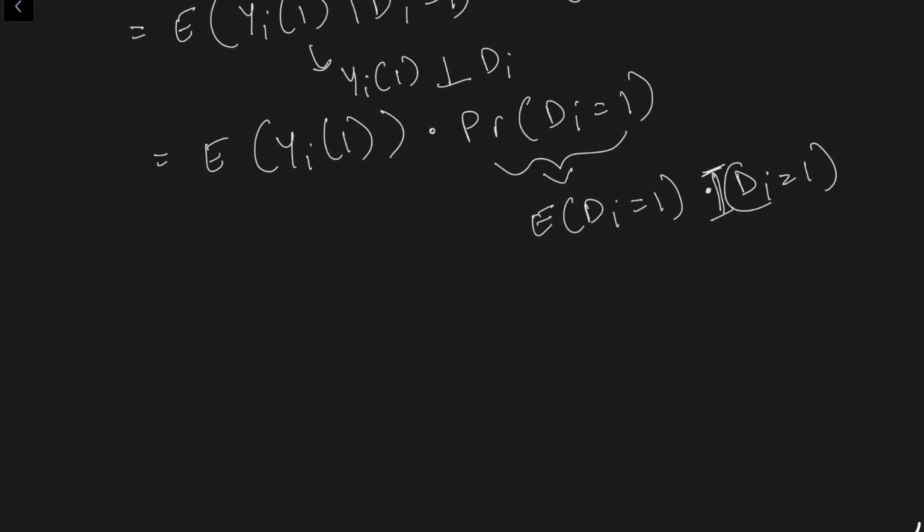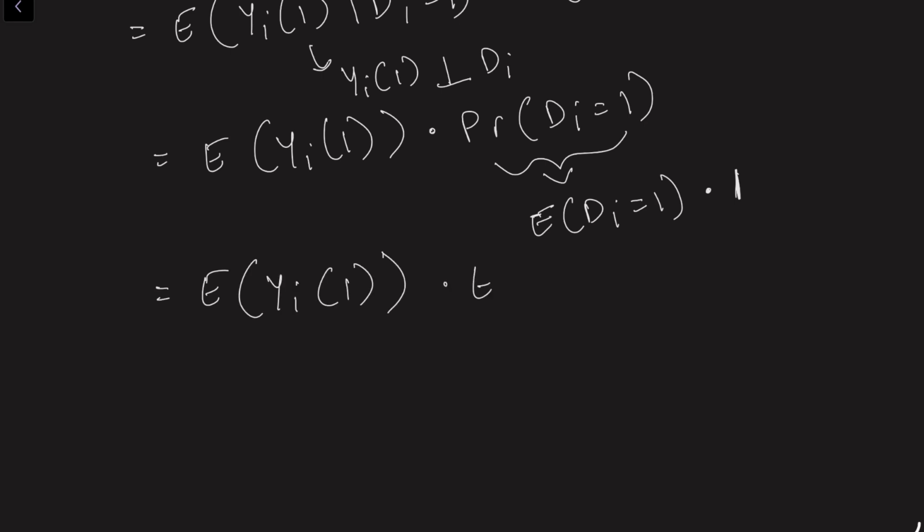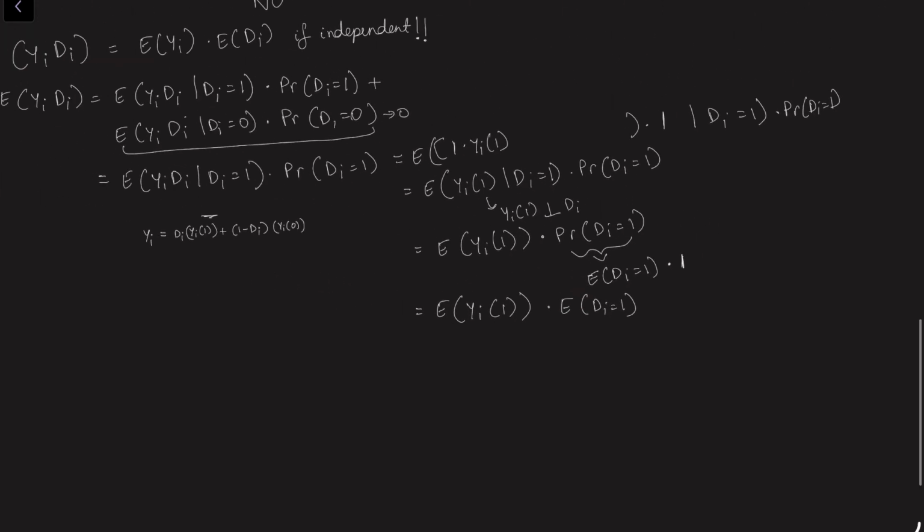So it's the average of being treated times whether or not you are treated. This is a binary variable, and this variable will be equal to 1 because you are being treated. So that means we can write the probability of Di equal to 1 as just the expectation of Di equal to 1. So we rewrite this whole equation as the expectation of the potential outcome times the expectation of Di equal to 1. Okay, so that is the math part of it.